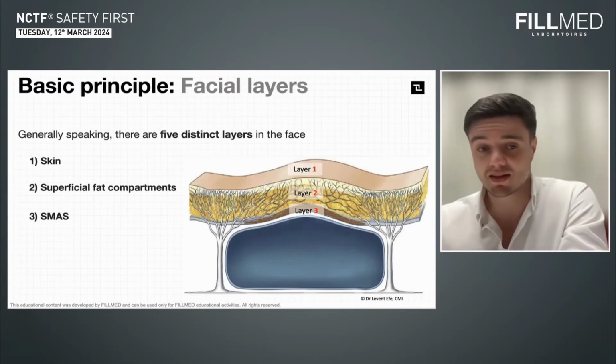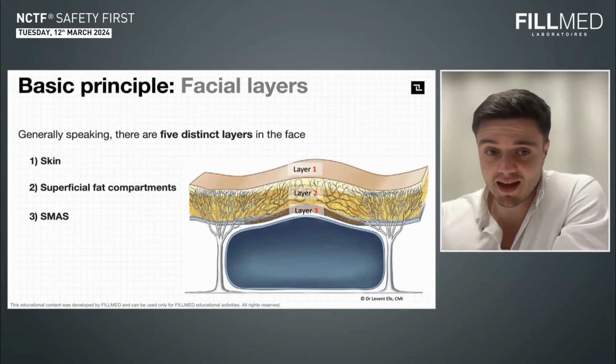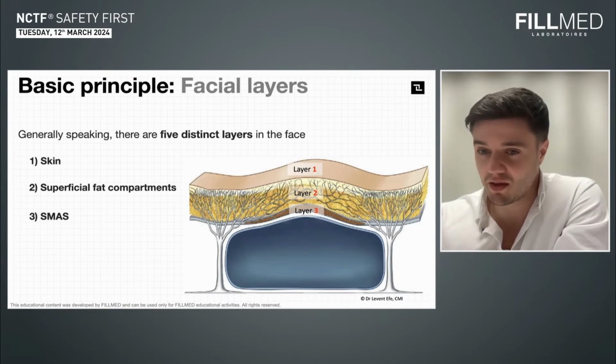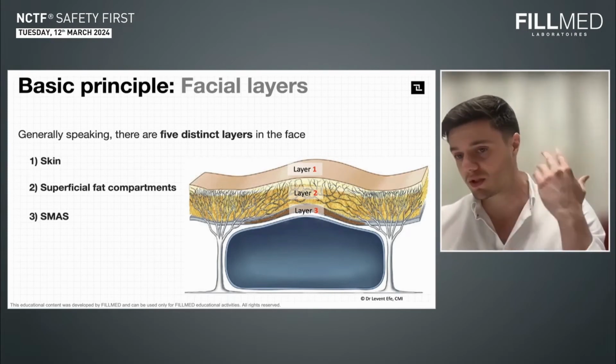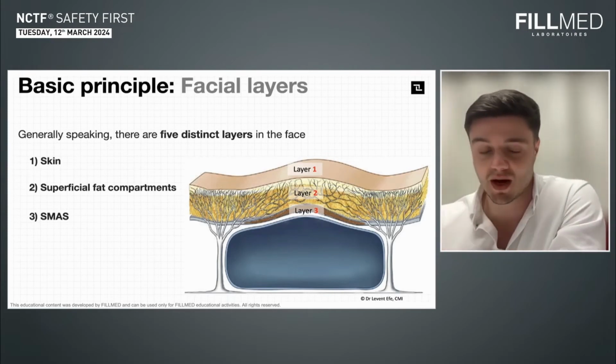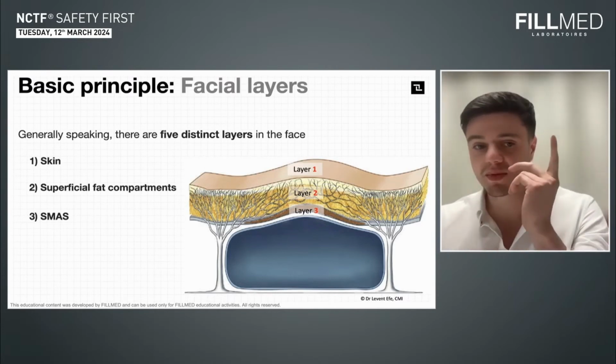SMAS stands for superficial muscular aponeurotic system, but beware that SMAS is only the official name for this layer in the midface. For example, in the neck, it's called platysma, which is one continuous layer with the SMAS. And in the forehead, it's the frontalis muscle. So always keep that in mind.